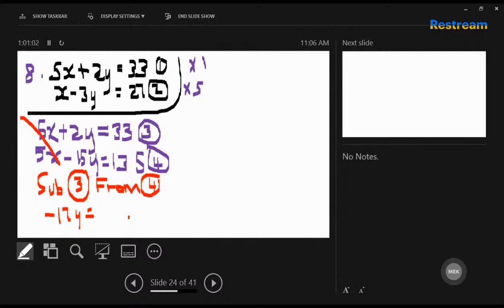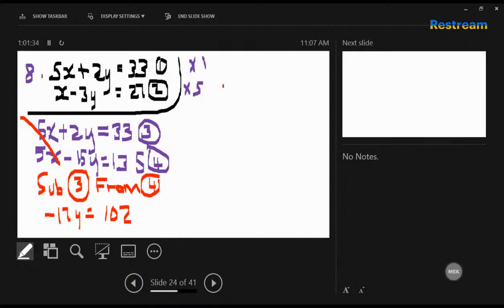And 135 minus 33, that's 102, I think. Let me double check. So it's 135 minus 33. I said 102 and I wrote 104. So I'm saying one thing and writing another thing.